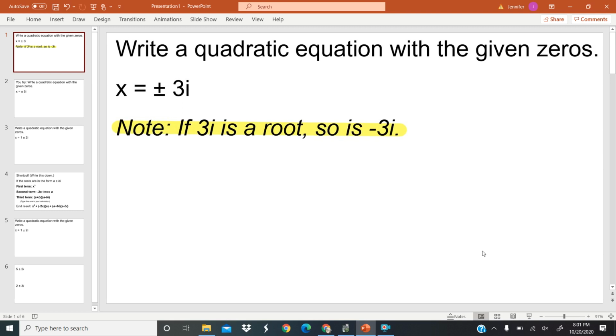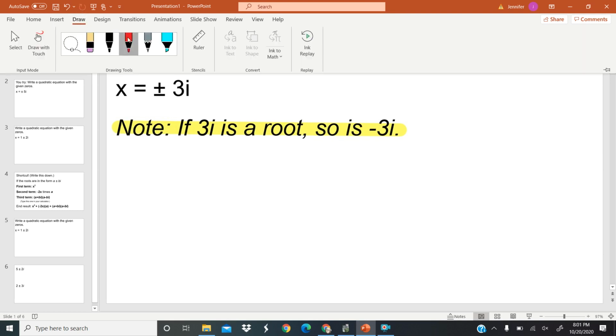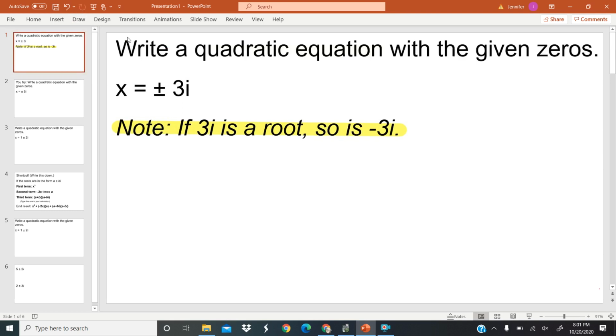these imaginary zeros. So we're going to start with a kind of simple one, and we have the zeros plus or minus 3i. So just a note to keep in your mind, anytime that you have an i as one of your roots, you're going to have the positive version and the negative version of that root because it came from a square root. So if you have positive 3i, you're also going to have negative 3i.